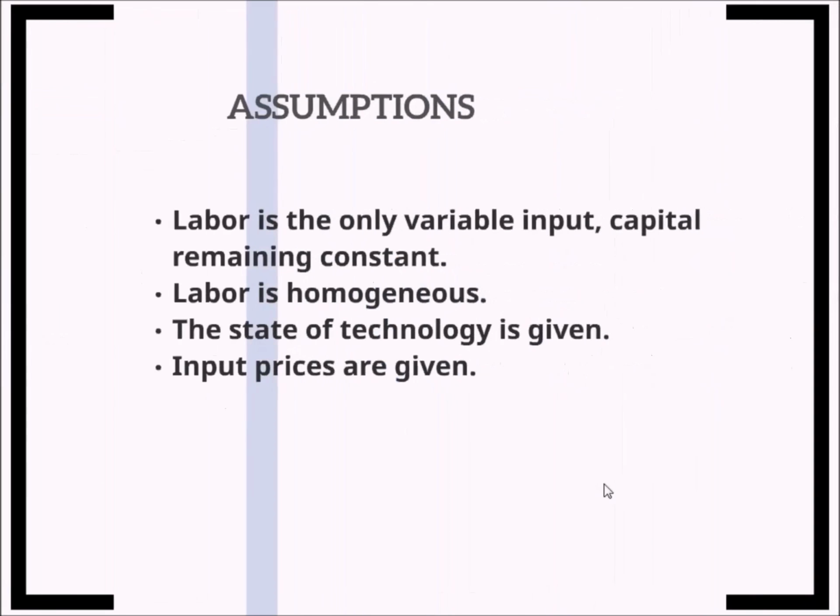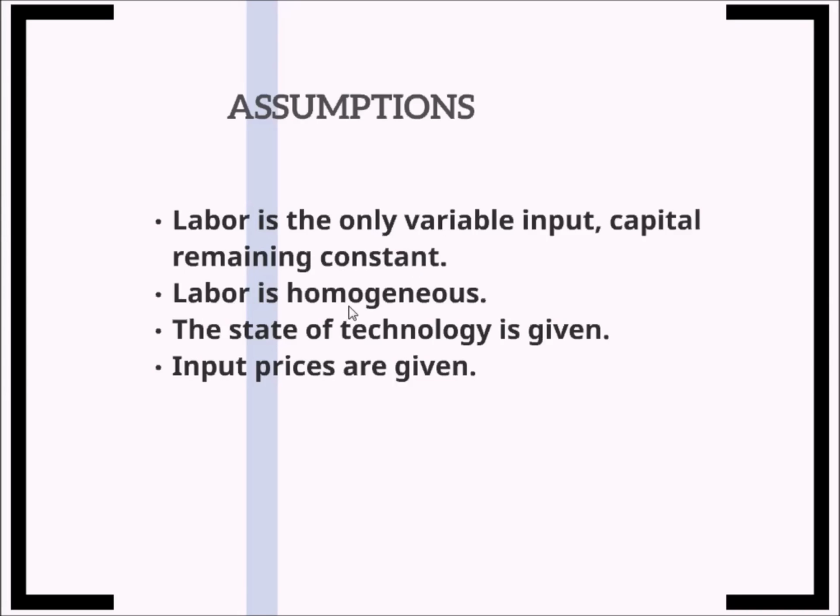Now when we see the assumptions, this law assumes that labor is the only variable input, capital remaining constant. Because we have already seen that in the short run some inputs will be variable and some inputs will be constant. So labor is the variable input and all the other inputs are considered to be constant, that is they will not change.